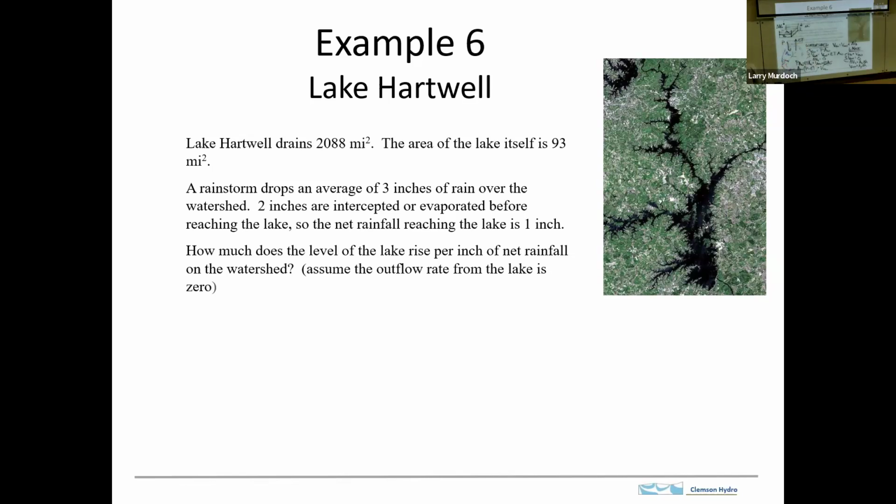And I'm gonna write that in a color. Wait, let me do this. Now I've got some more space. So I can do A_W. Okay, so P minus ET, this is like the net rainfall, right?